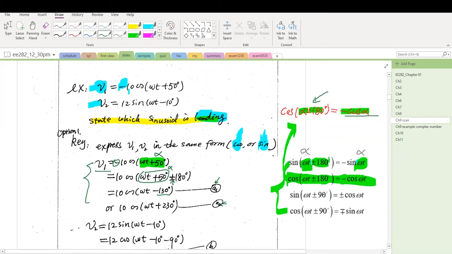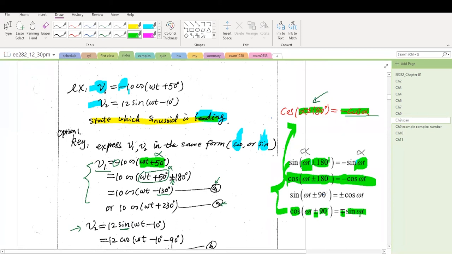Now let's look at V2. V2 has a format of sine. We want to convert it into cosine, so we want to use this formula here. Plus sine omega t equals cosine omega t minus 90 degree.